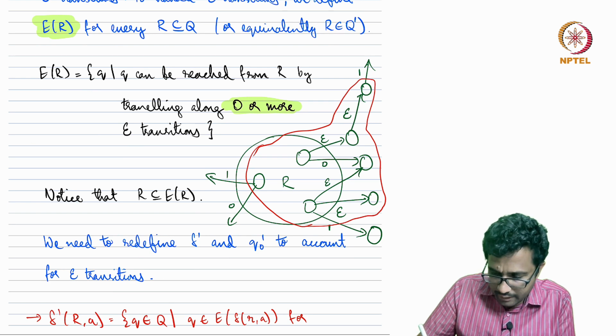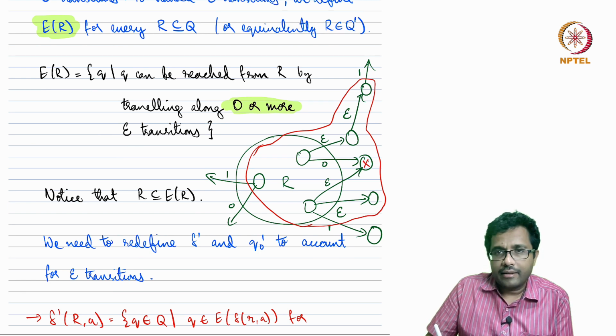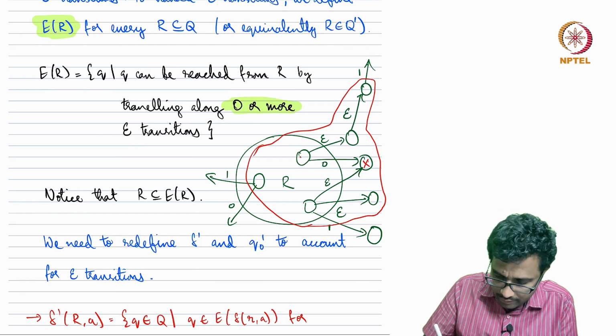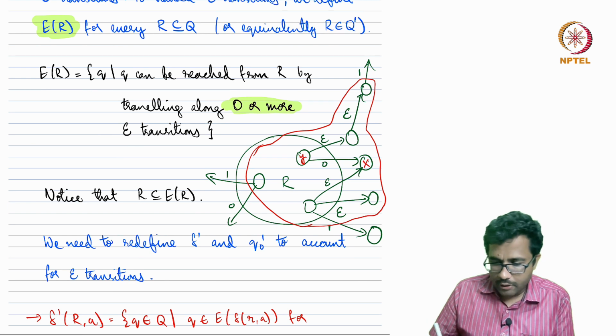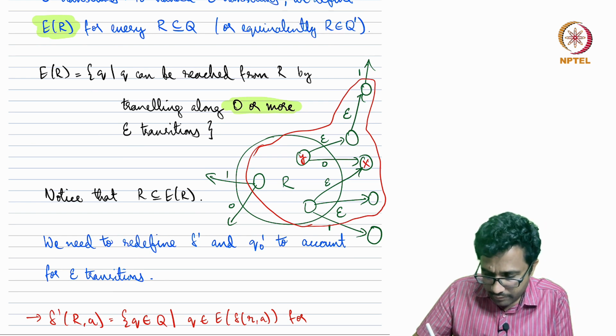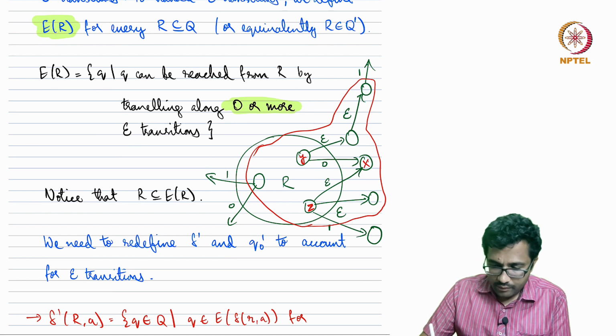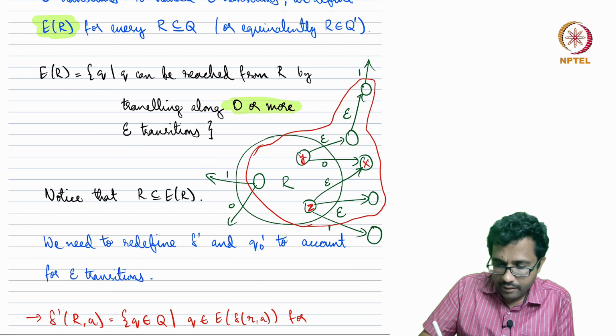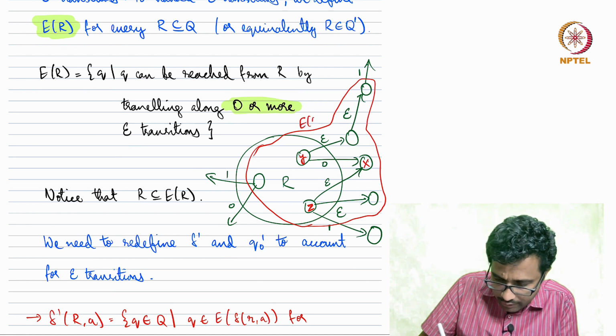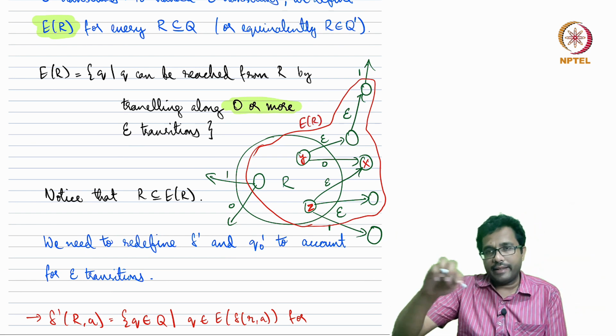So these are the states that you can reach. Notice that this state over here, the one that I marked X, cannot be reached from the top state in R, which I have marked as, let's say, Y, using epsilon transitions. However, it can be reached from, let's say, this one, the one that I am marking Z, using epsilon transitions. Hence X will be in the set ER. So ER is the one that I have drawn with the red outline.